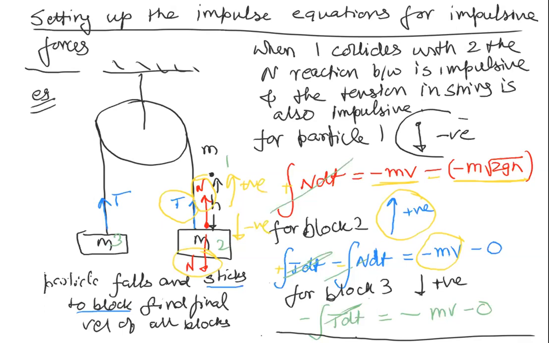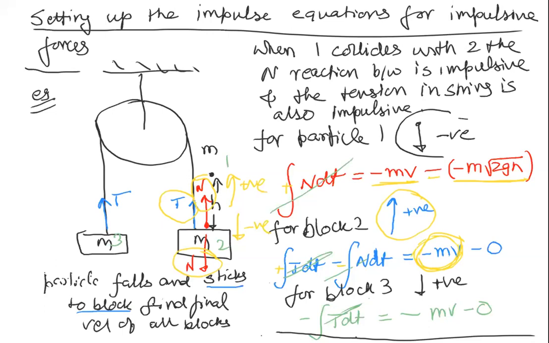Therefore, the velocity of the block after collision will be the same as the velocity of the particle. We have assumed that the velocity of the particle is v downwards. Therefore, the velocity of the block must also be v downwards, and therefore the momentum of the block must be minus mv.